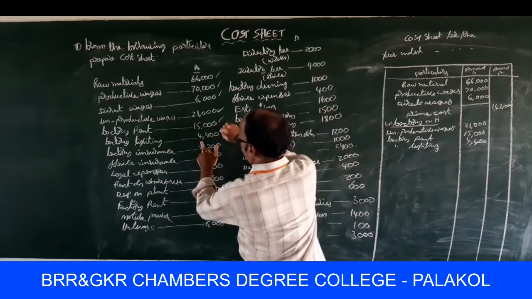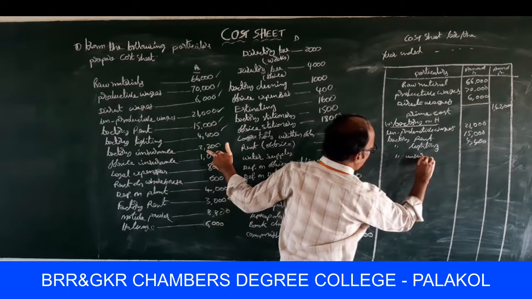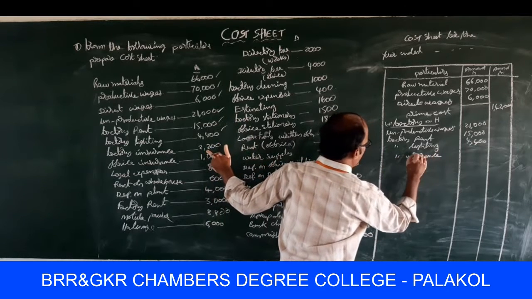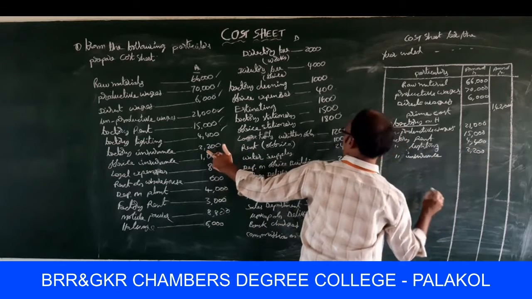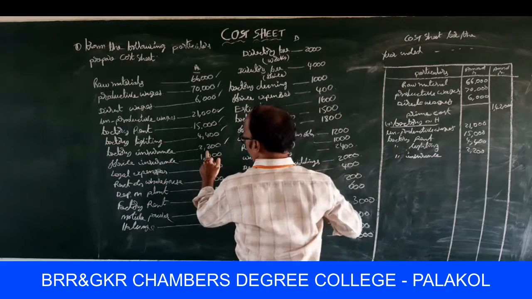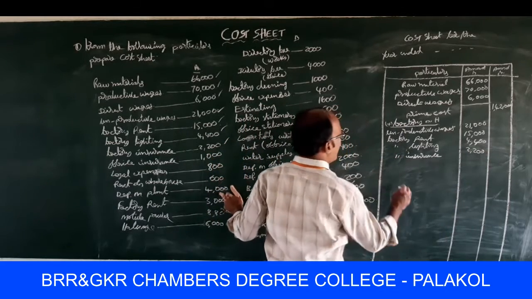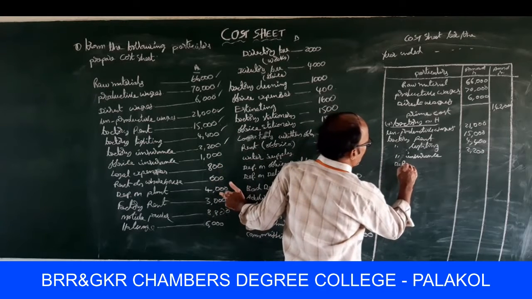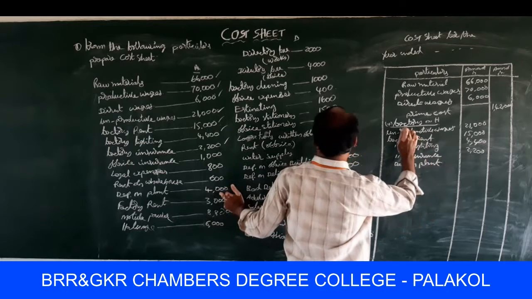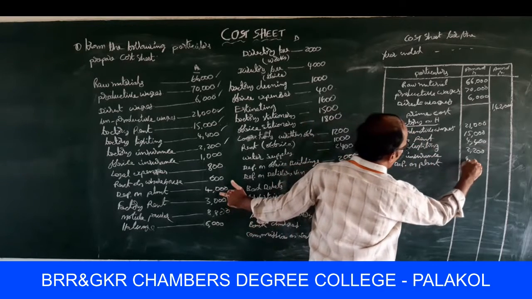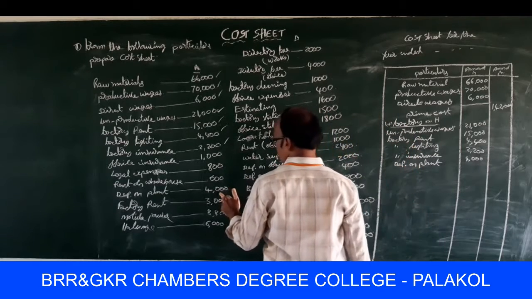Next one, factory insurance, how much? 2,200. Next, office insurance, legal expenses, warehouse rent, depreciation on plant. Depreciation on plant is related to factory overheads. That's why all the factory overheads should be recorded under the head of factory overheads.